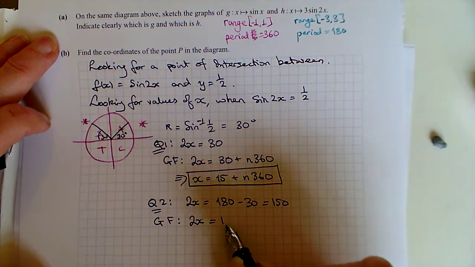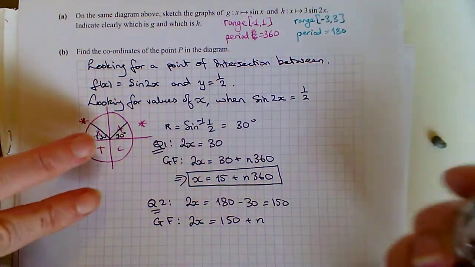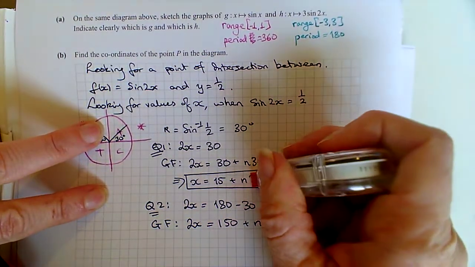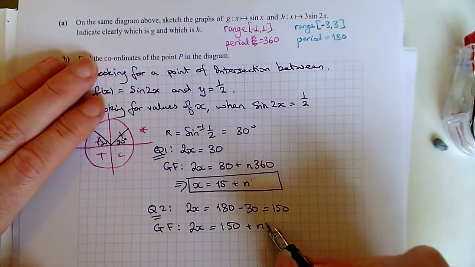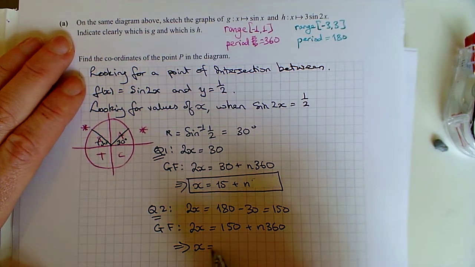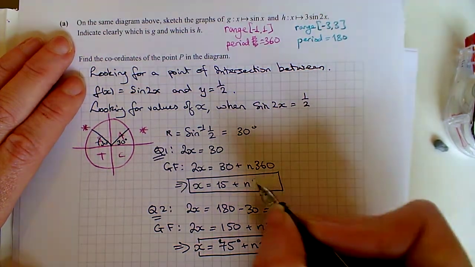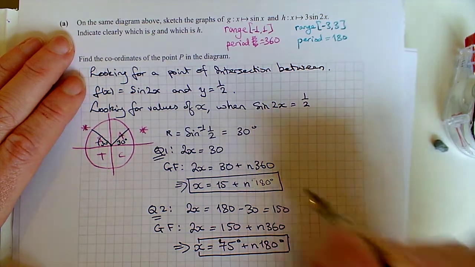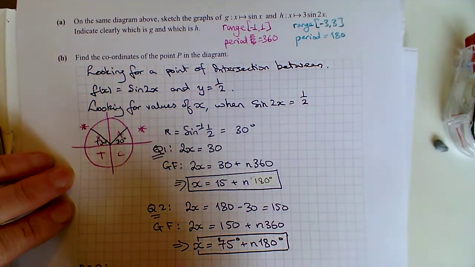2x is equal to 150 plus n times, I keep forgetting to divide my 360. I'm writing it down again, n times 360. So that means that x, hopefully me making that mistake is going to make it less likely that you guys will make that mistake. I don't know why I'm doing that today. N times 180. And then I fill in, n is equal to 0.